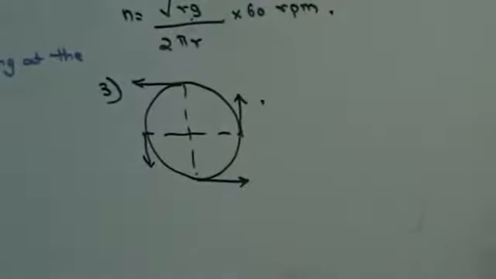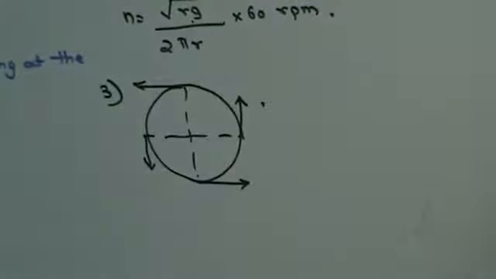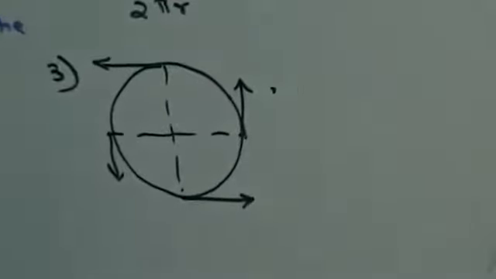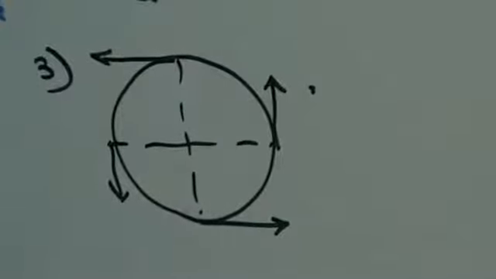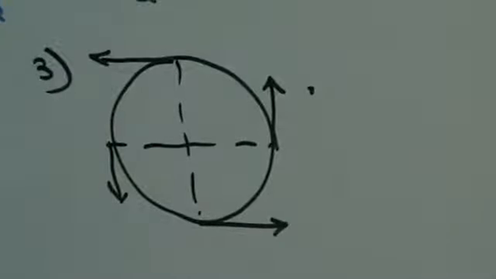They've said that when the stone is at the top of the circle, the velocity is 5 meters per second.